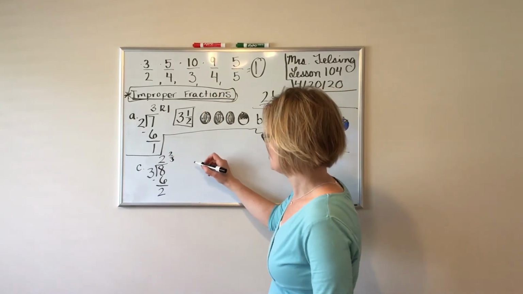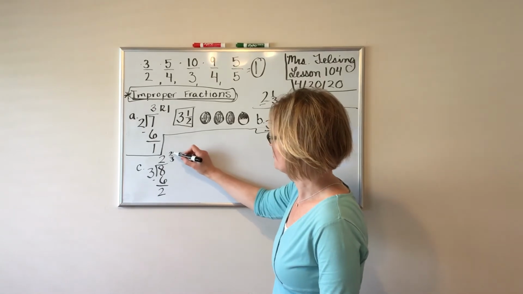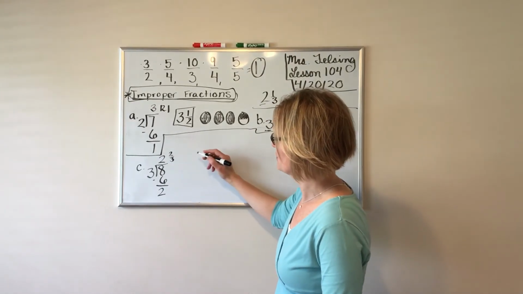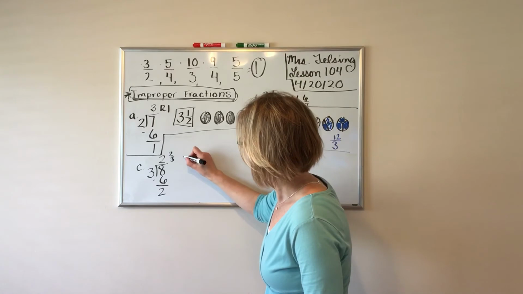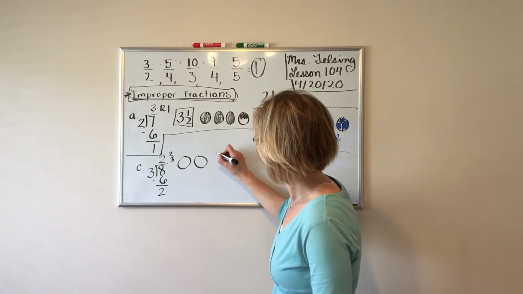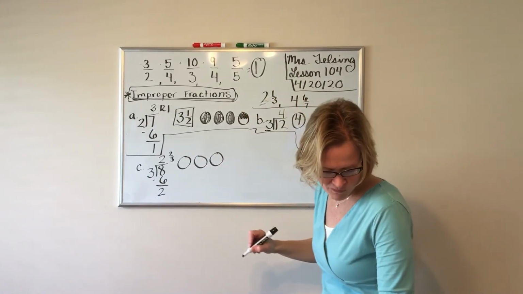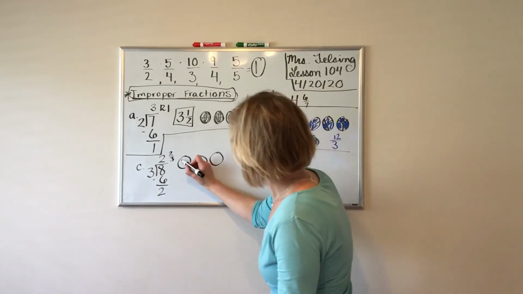So we need to have 3 shapes because we have 2 whole ones and then 1 fraction. So we're going to go 1, 2, 3. And then we'll do the Y again.